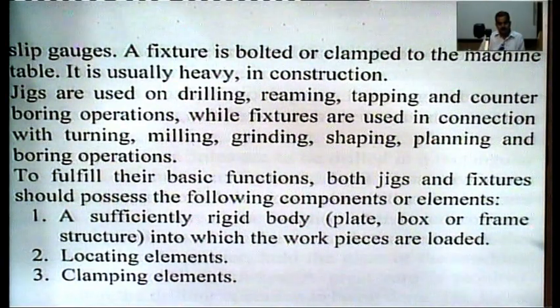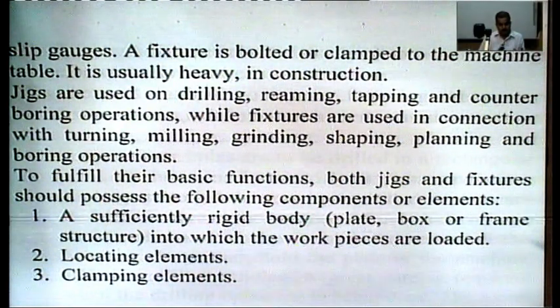To fulfill their basic functions, both jigs and fixtures should possess the following components or elements. First of all, it should have a sufficiently rigid body. The body may be in the form of a plate, box, or a frame structure into which the workpieces are loaded.